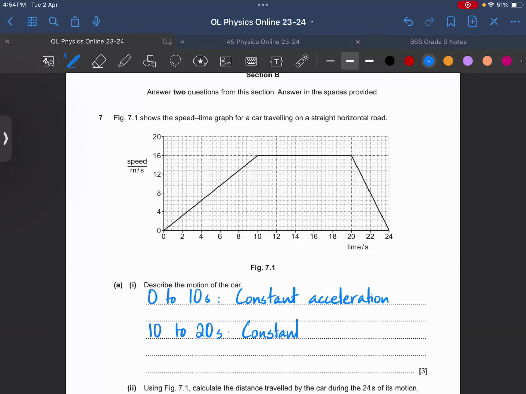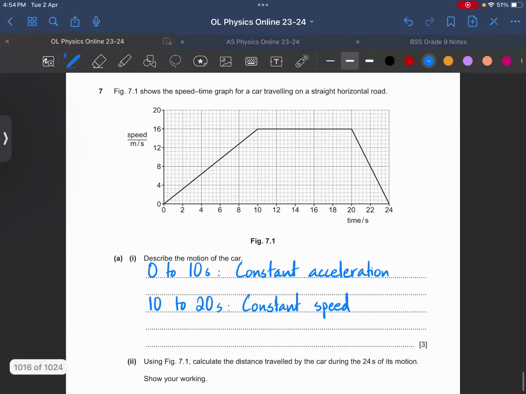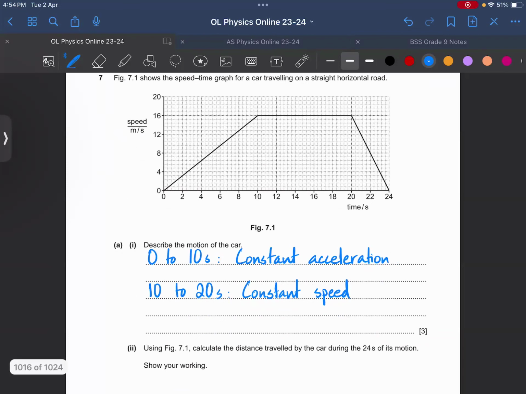You can also say zero acceleration, but this is an easier understanding. So a constant speed, uniform speed. और यहाँ पे ये वैल्यू आपको दिख रही है तो आप इसका नाम लेना और 16 मीटर्स पर सेकंड. ठीक है. और फिर इसके बाद क्या है, 20 से 24.